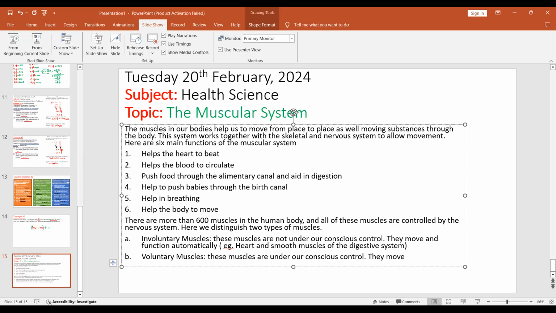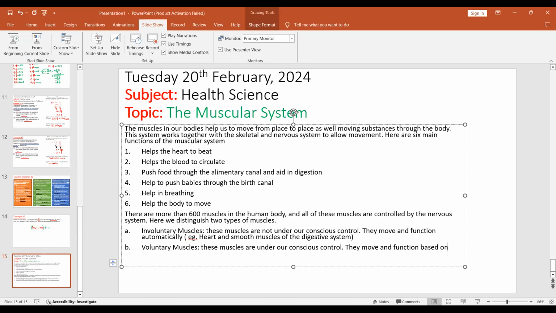They move and function based on our decisions and are connected to the skeleton. So examples of this would be skeletal muscles.